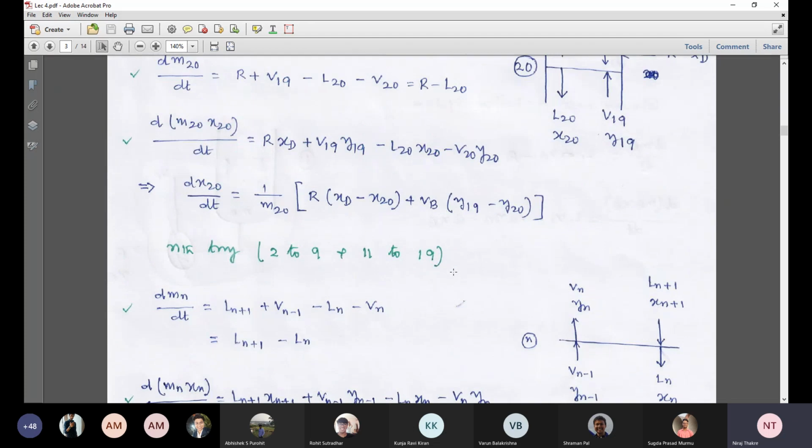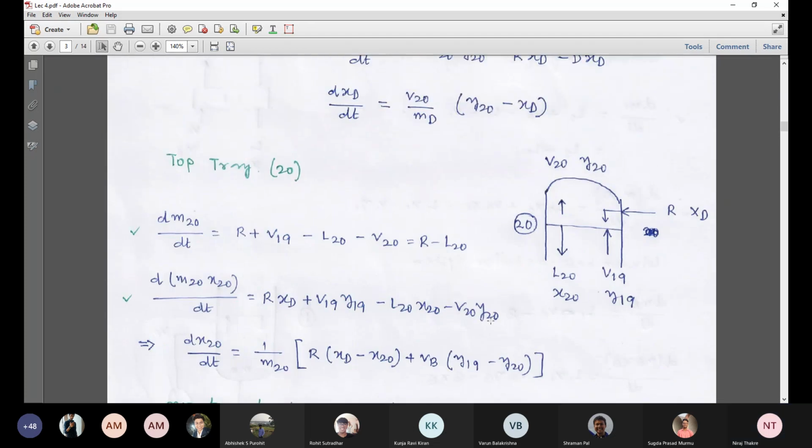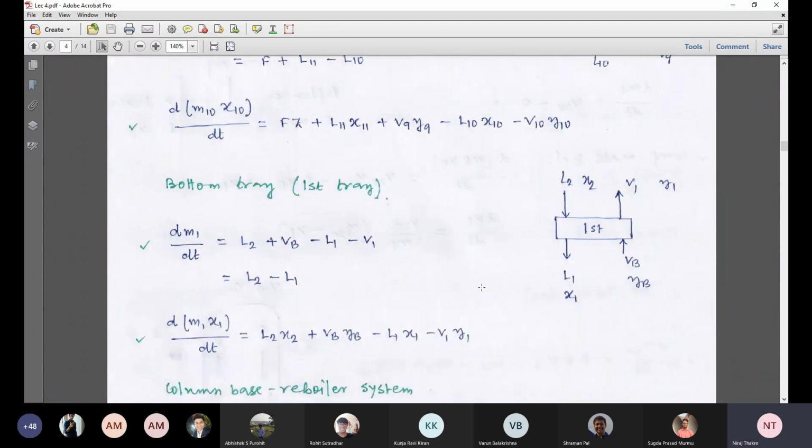Now if you solve this equation, you will get x20. If we solve this component mole balance equation as an initial value problem, we will get x20.